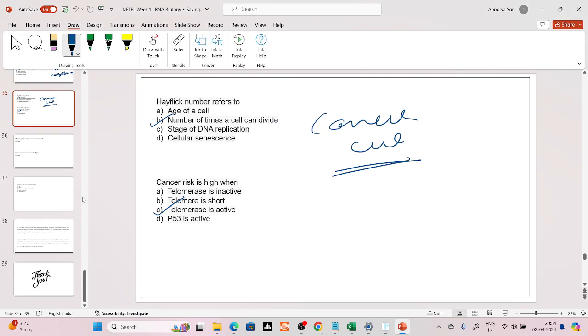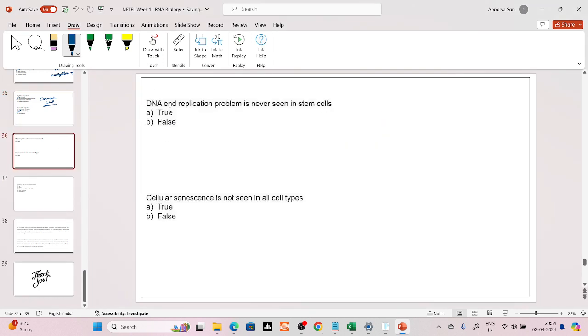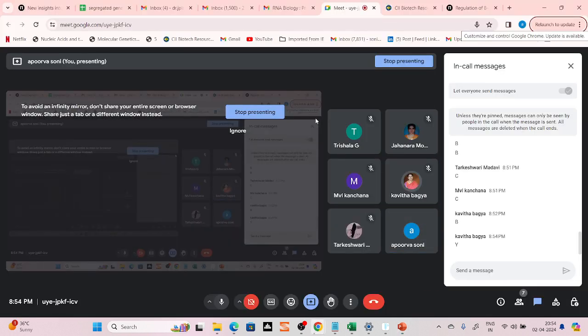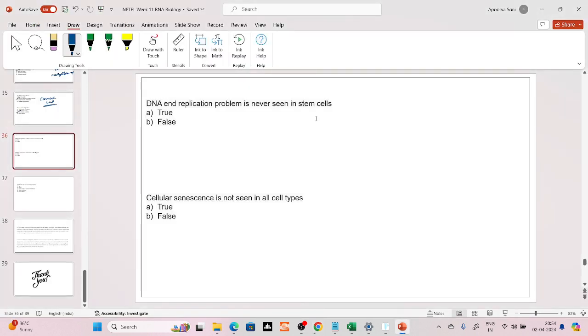Okay, good. Next question is, DNA end replication problem is never seen in stem cells. True or false? Okay. The answer is false.